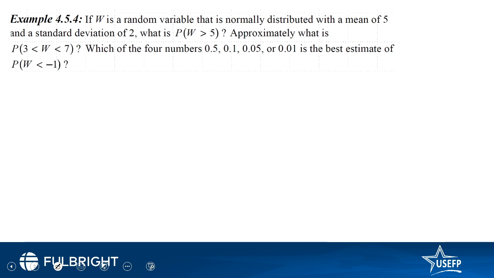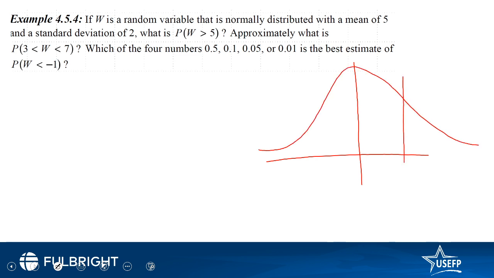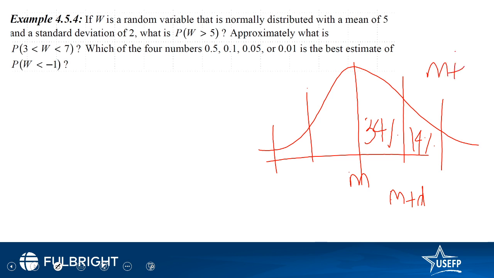So a normal distribution, as described in the earlier video, looks something like this, that there is a mean and 34% of the data is mean plus 1 standard deviation, 14% of the data is mean plus 2 standard deviations, and the remaining is above it.